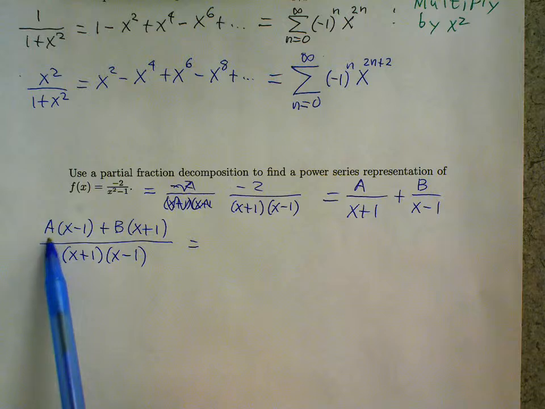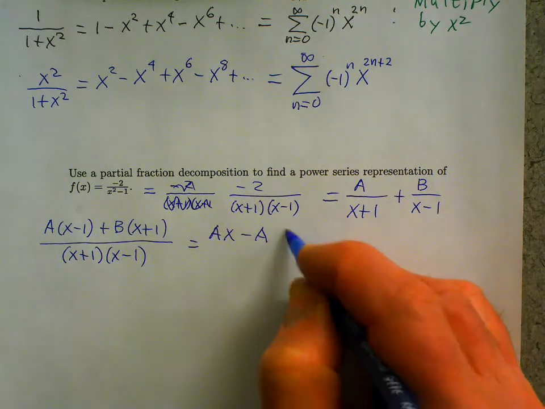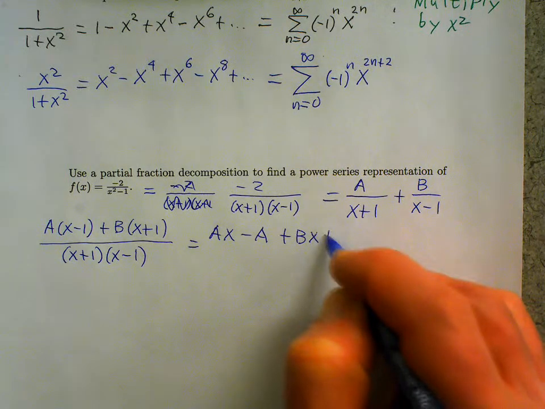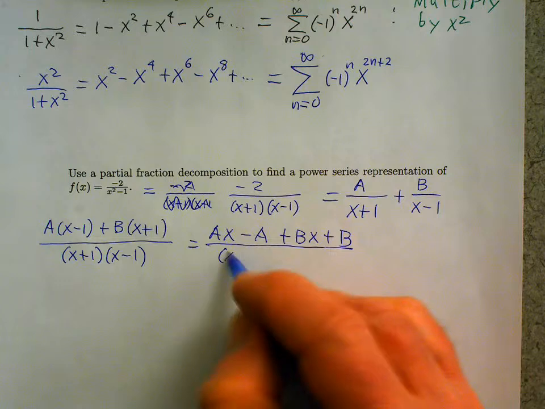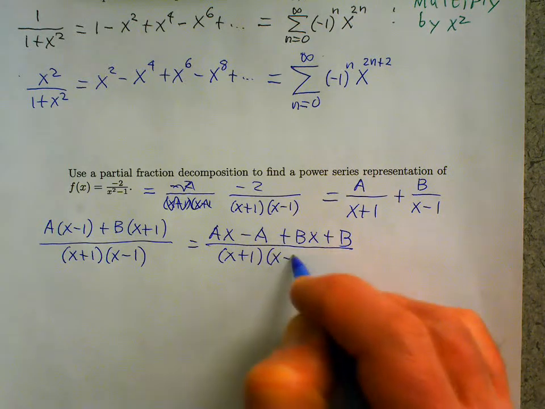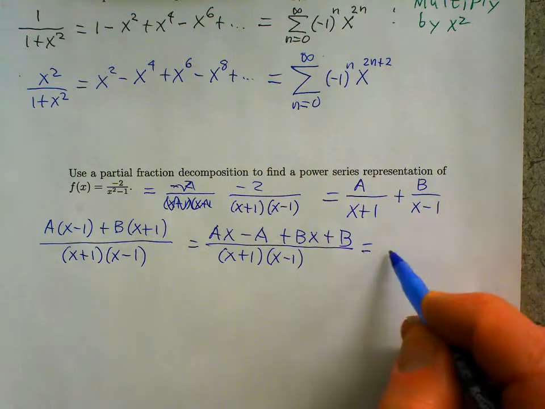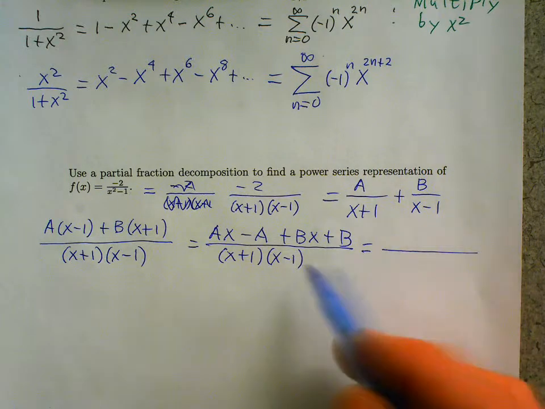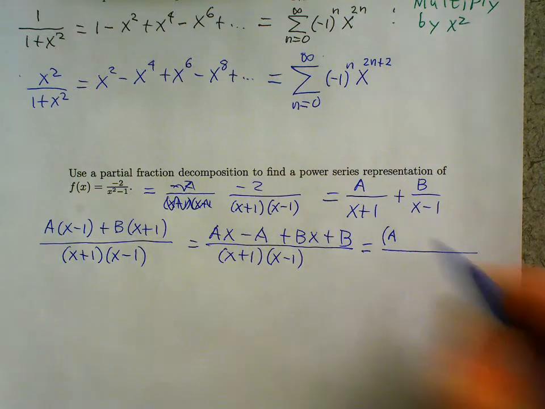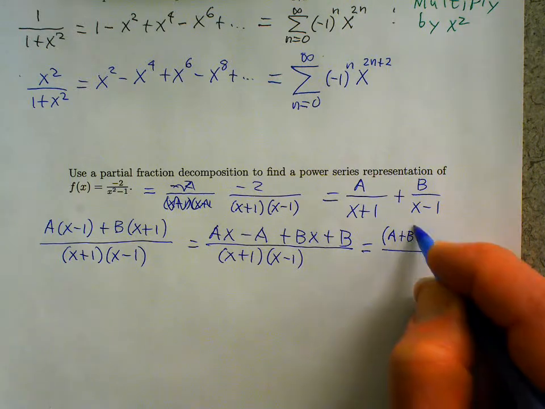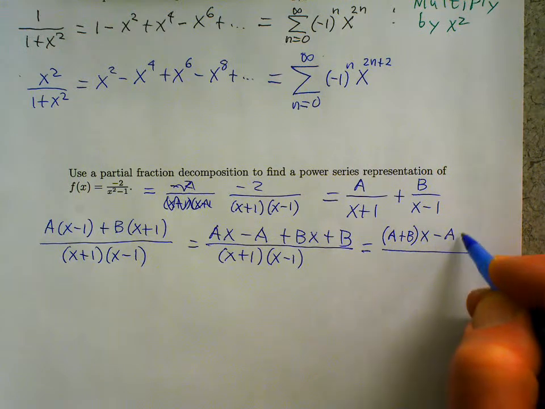Okay, so ax minus a plus bx plus b over x plus 1 times x minus 1. And one step further, since we have ax plus bx, we have a plus b quantity times x, and then minus a plus b.